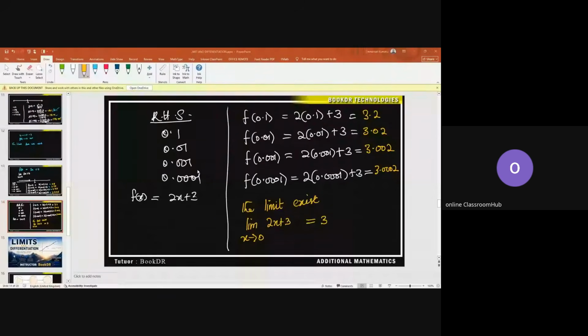Algebra means you just calculate. You don't need to pick certain numbers closer to the point in concern and then start investigating the behavior of the function. I just want you to understand the background, what it means when you say limit of a function. So far as your curriculum is concerned, that is how it is.